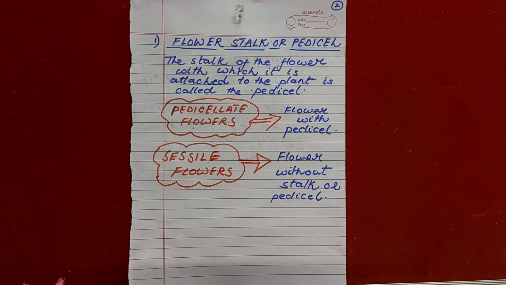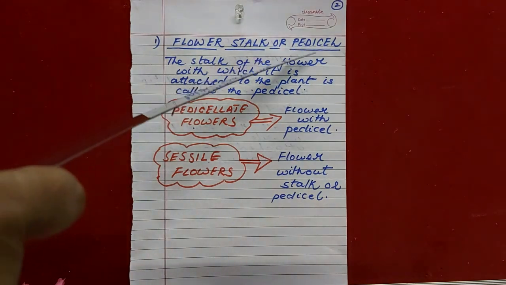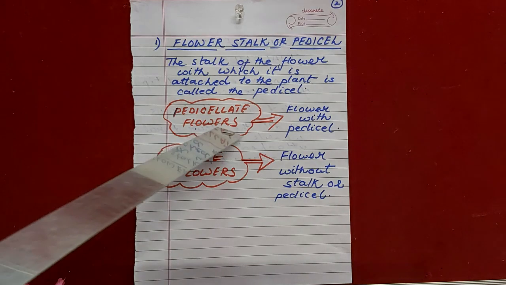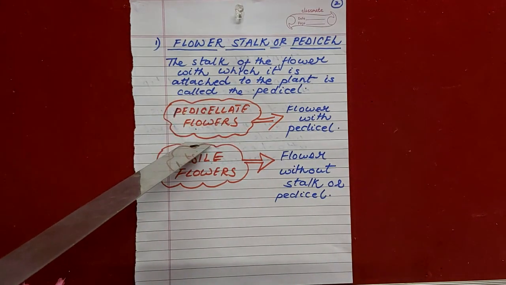What is a flower stalk or the pedicel? The stalk of the flower with which it is attached to the plant is called pedicel. Like what we have done in the leaf, if the stalk or pedicel is present, then the flower is called a pedicellate flower.